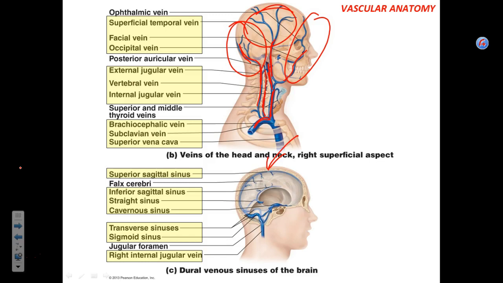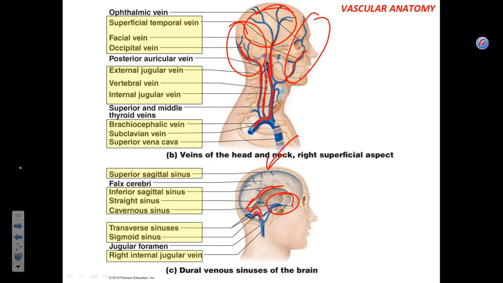So the superior sagittal runs pretty much in between the hemispheres. And you have the inferior sagittal between the hemispheres, but in the lower part. Then you have the straight sinus. Cavernous sinus, big, large, below the diencephalon. Transverse sinuses, they run to the sides.